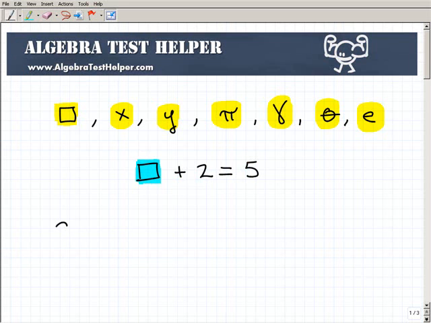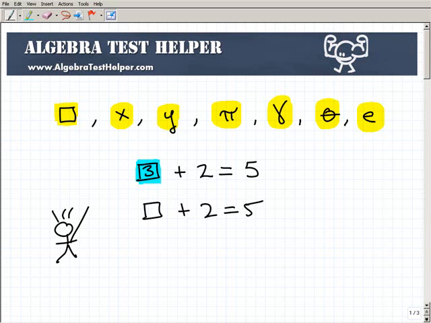And all the kids would be like, oh yeah, pick me, I know, I know. They're raising their hands, wanting the lollipop, or whatever reward they're going to get, because they're thinking, if I plug a 3 in here, that's going to make that true. And really, this box plus 2 equals 5 is an equation.